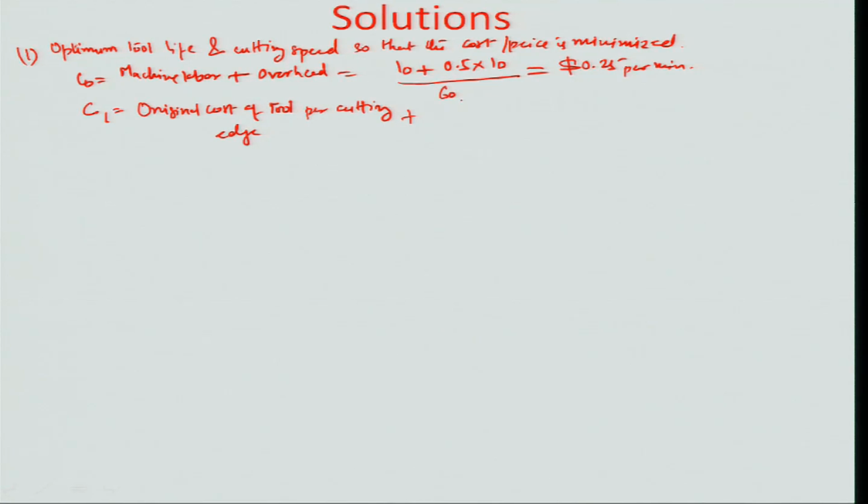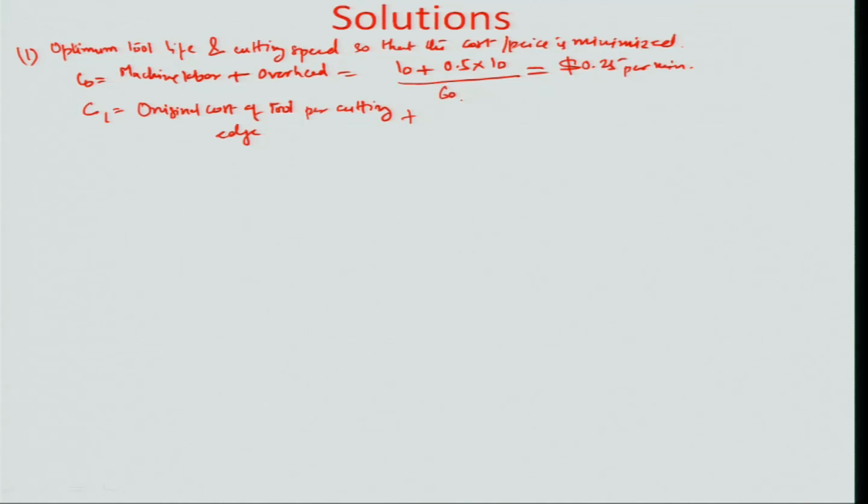Plus, now you have to consider the grinding aspect and the number of grinds, etc. So we can say that this is grinding time times the grinding labor rate plus the grinding overhead, and if we combine everything here, there are about 6 times that you can use one tool.